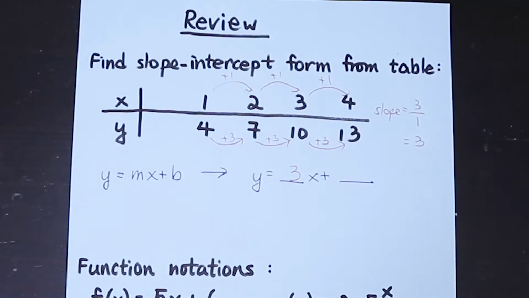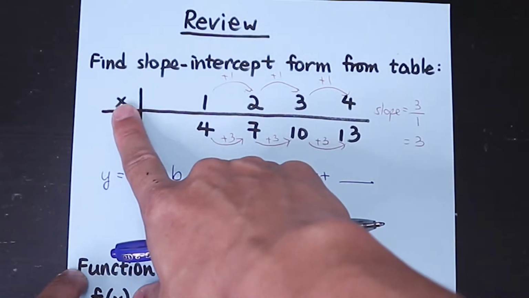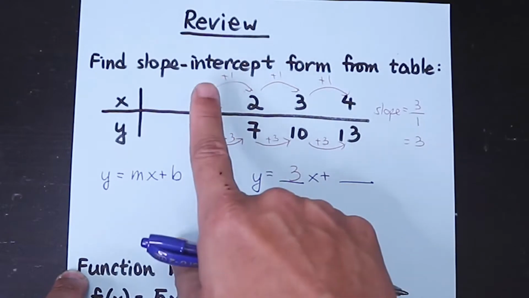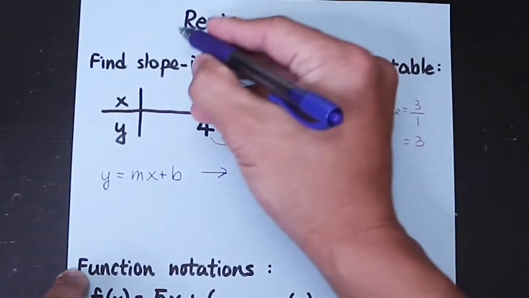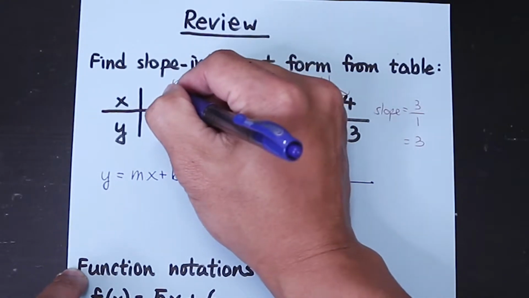And if you were to find the y-intercept, one of the shortest ways to do it is to backtrack the table as a reminder. You have to extend this table to the left until you see x being 0. Since you add 1 from left to right, then you're going to subtract 1 from right to left. So 1 minus 1 is going to be 0.